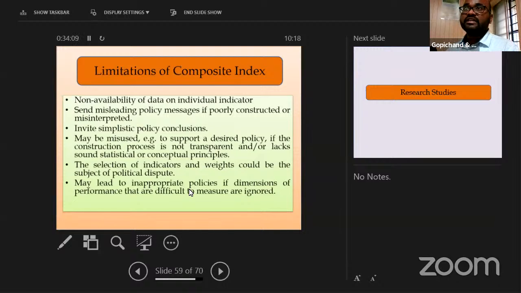There were many political issues at that time, whether, simply to increase the GDP number, they increased the weightage. Such disturbances will be there. If dimensions which are difficult to measure are ignored, then it again affects policy decisions.